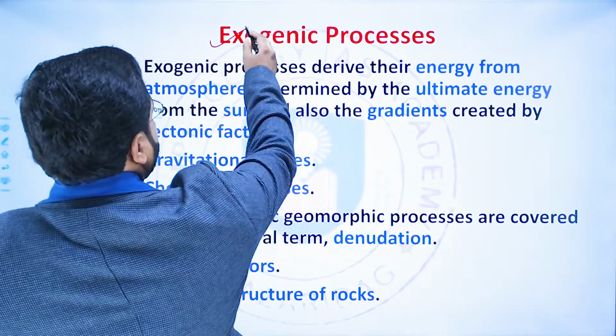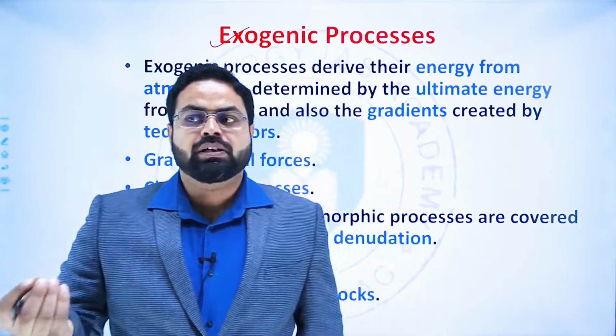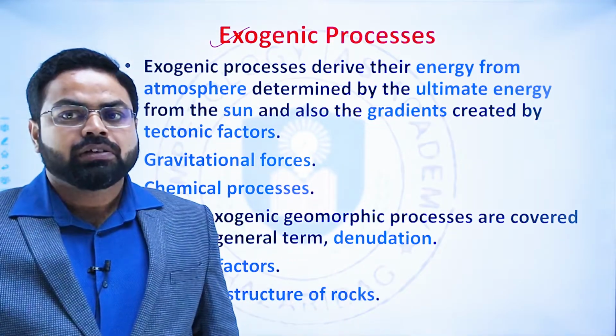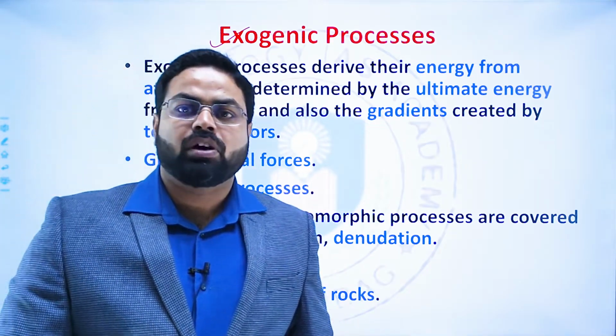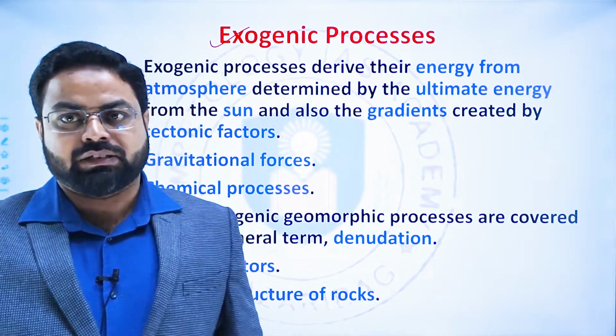Thereafter, exogenic processes. The exogenic processes are the activities on the surface of the earth which occur because of the external energy that is applied on the surface of the earth.